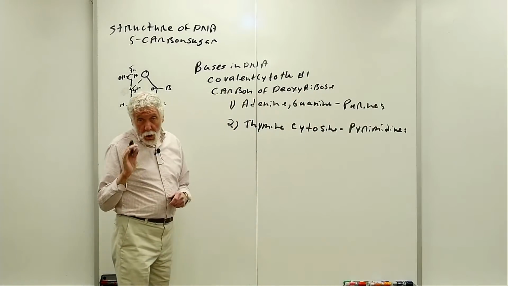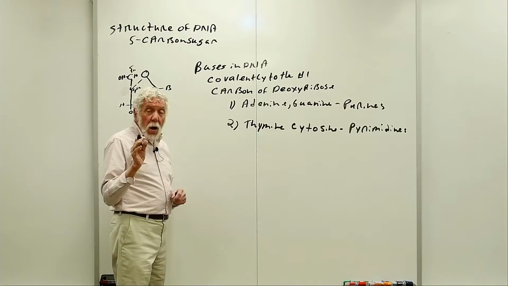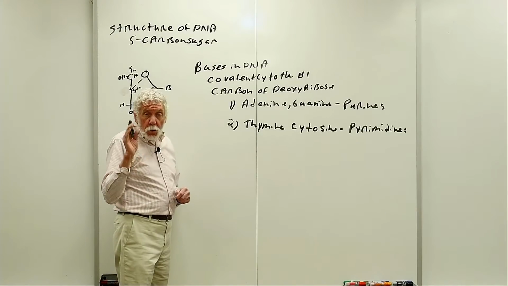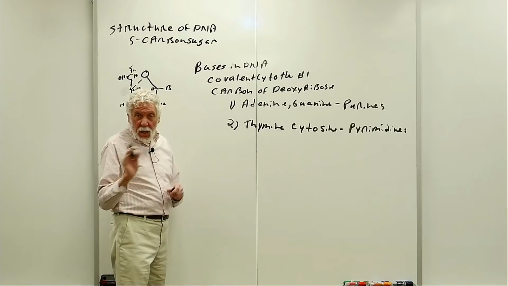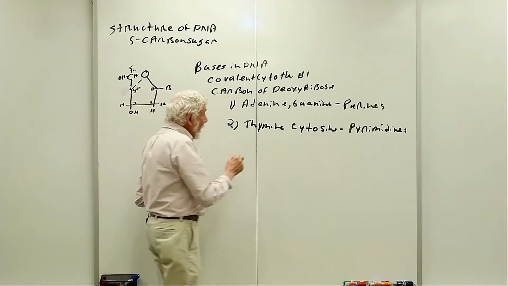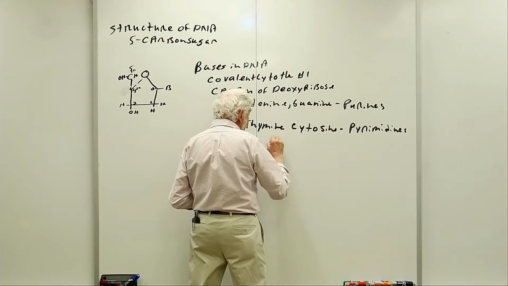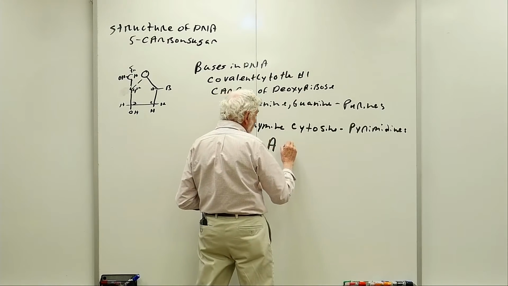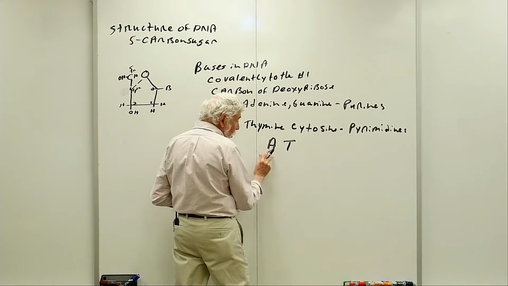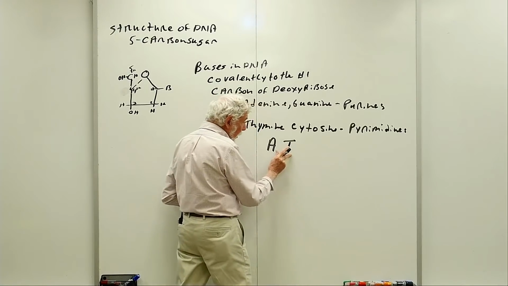The rules are that we always bind a purine to a pyrimidine through hydrogen bonding, and I'll show you some pictures of that. But basically, we're talking about an adenine always base pairing to a thymine. So again, here's the purine, and this is the pyrimidine.